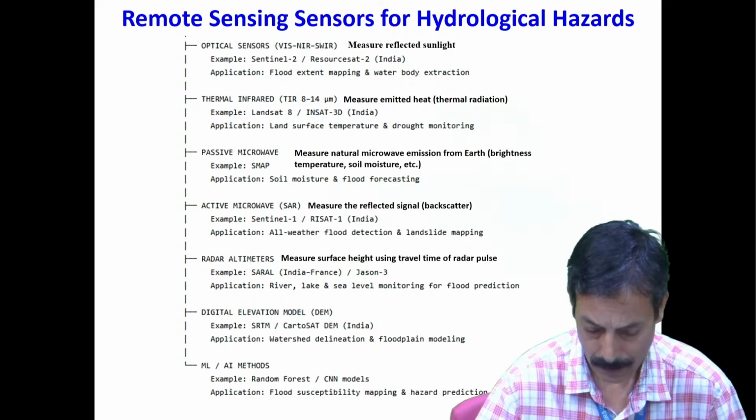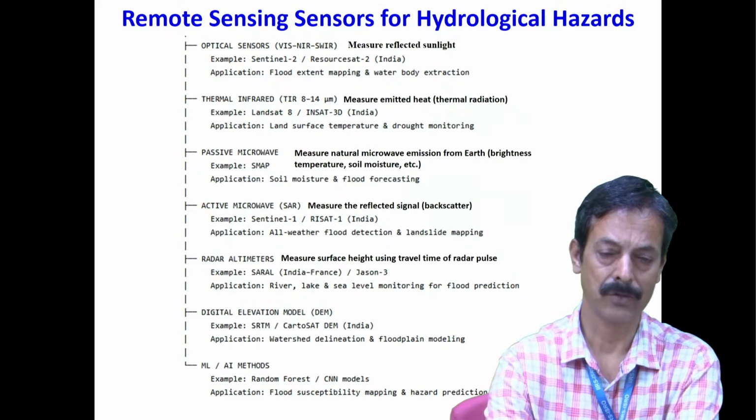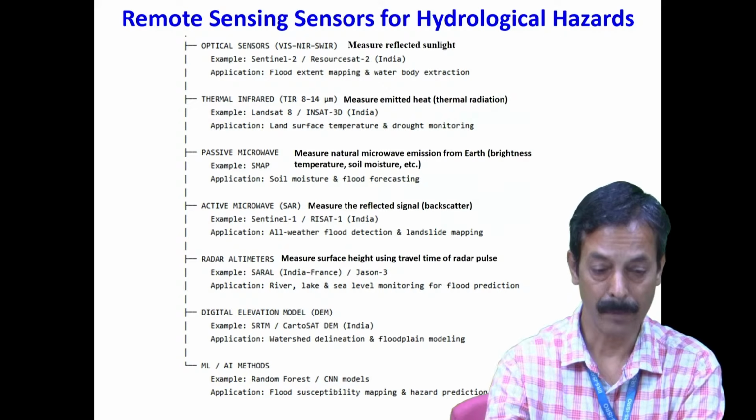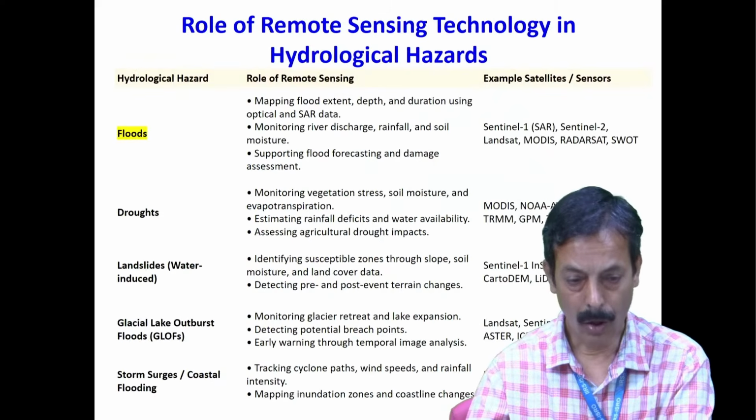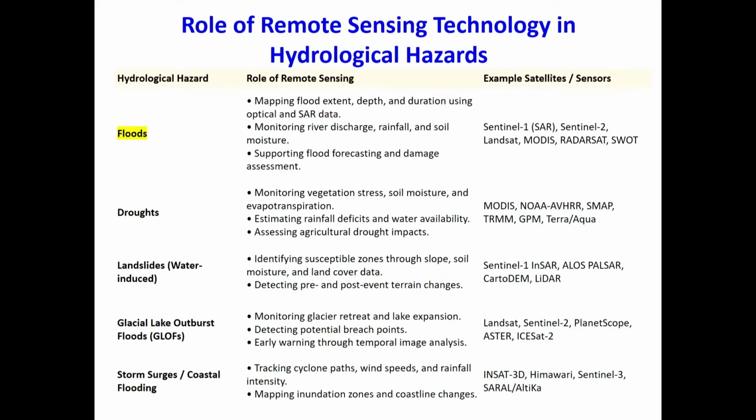So there are various sensors. We can see that in various parts of the electromagnetic spectrum we have the capability. But among all of them, this is just to show you what parameters exactly these sensors help us to monitor.